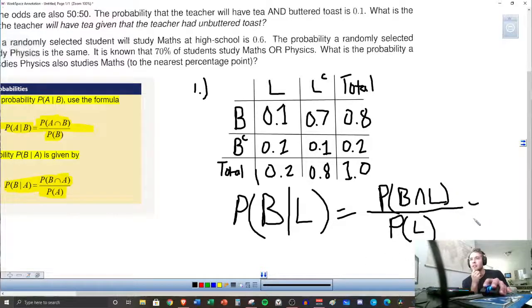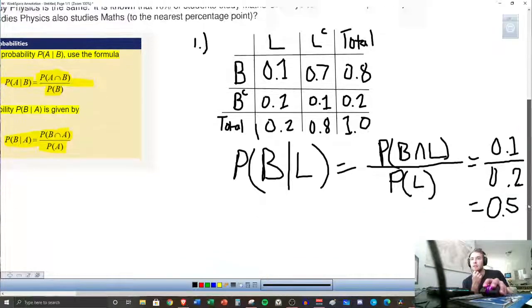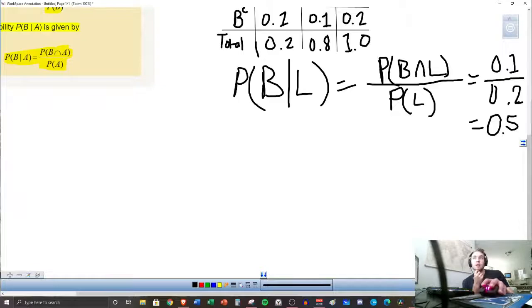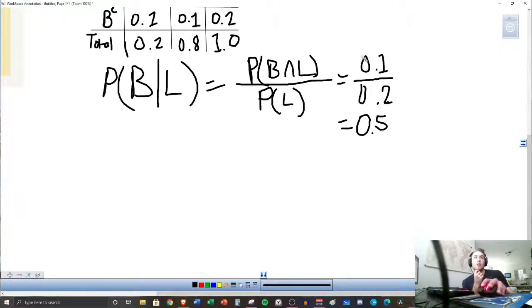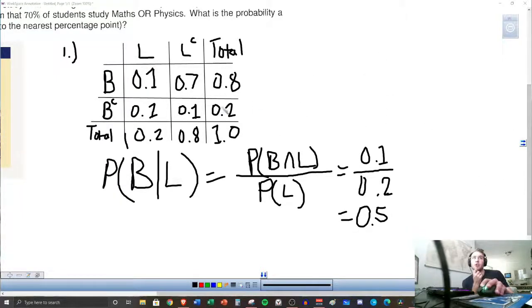So the decimals we look for are the intersections: 0.1 over 0.2, which is the probability of late. When you divide that, you'll want to get decimals for these, 0.5. That's what I'm going to be looking for. So 0.1 went up top, 0.2 on the bottom. I got all of that from my chart up here. So that's how you're working that question.